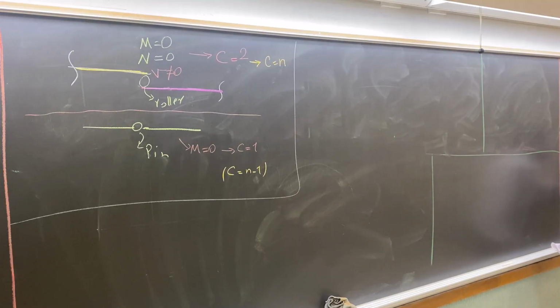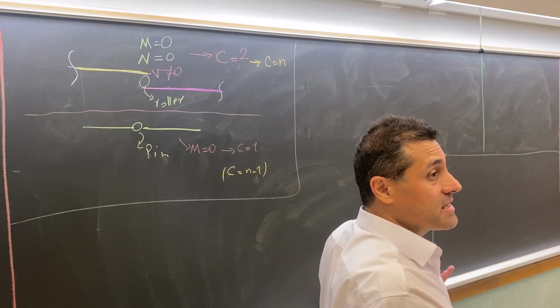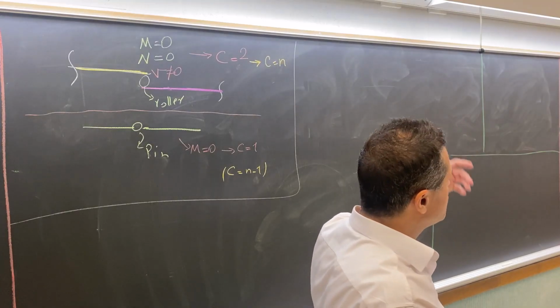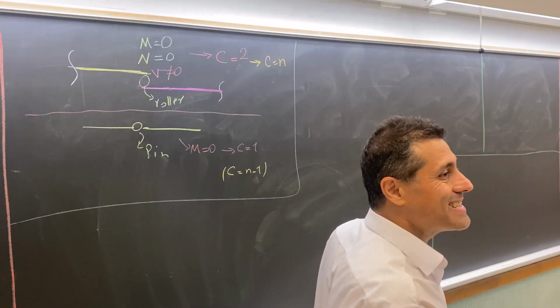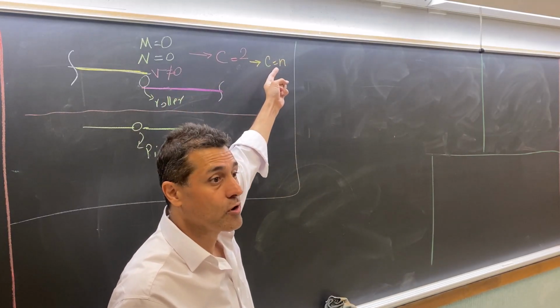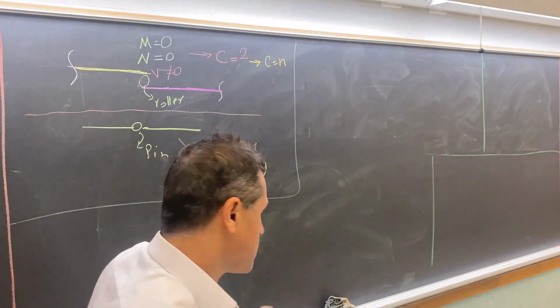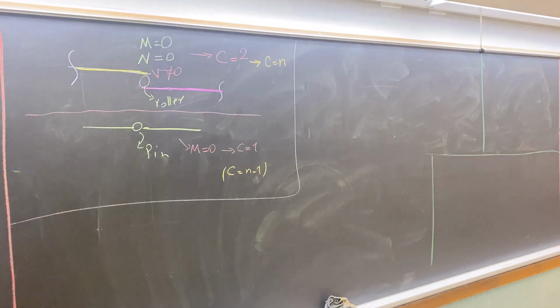If I change it in this way, then it is internal roller support. So what is the difference? As usual, you can replace it with internal roller, and then the formula is this one for roller. C is equal to N. That's the only difference.